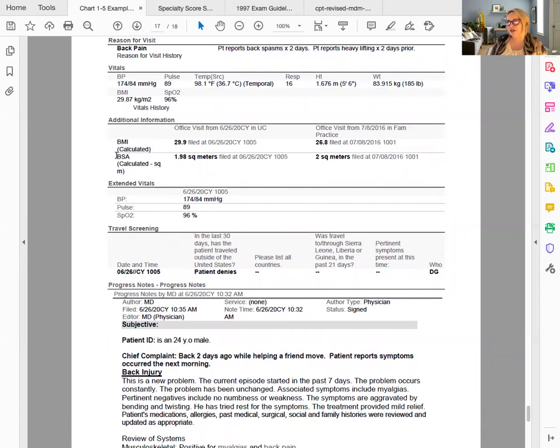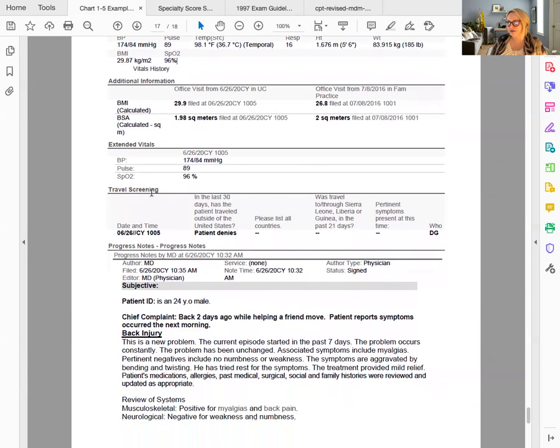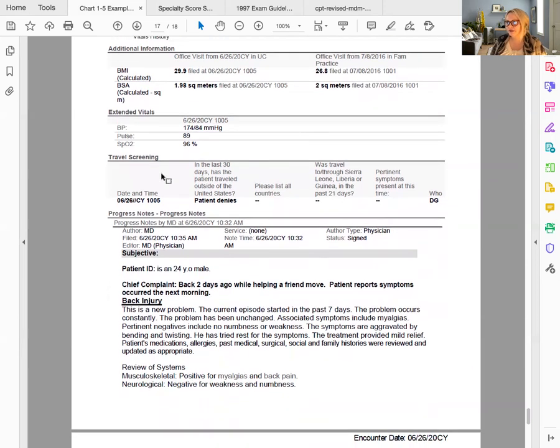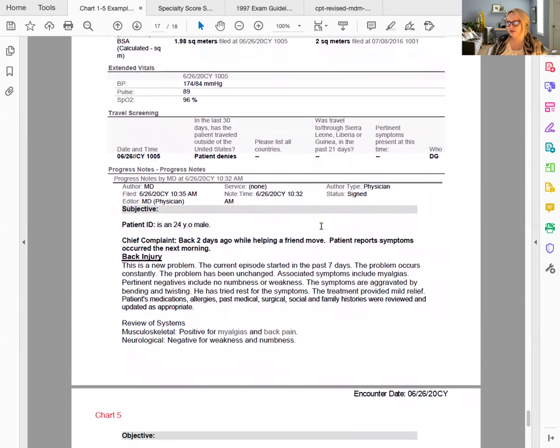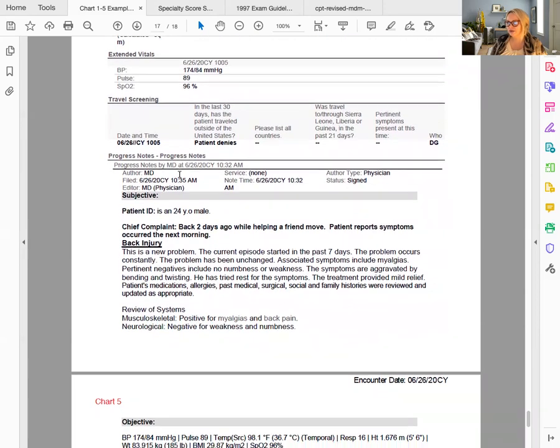Assessments from the vitals, like the BMI, is calculated based off of their height and weight. And blood pressure and spirometry is also part of those vitals. There's nothing in the travel screening because it is denied, so nothing would be pulled from that.